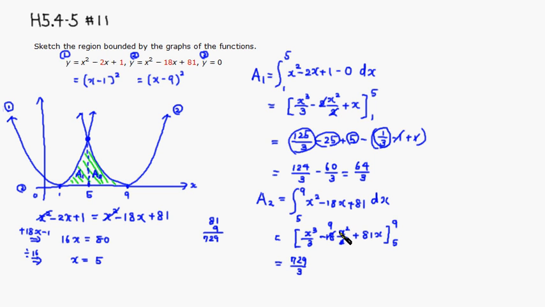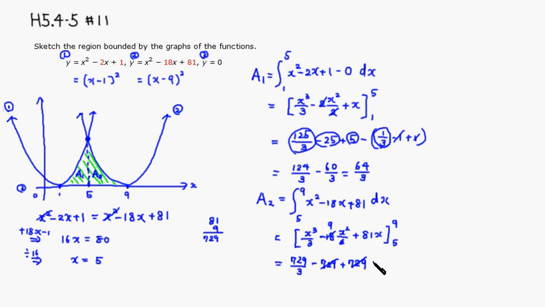Minus, plug in 9 squared, so it's going to be minus 729. And plus, plug in 9, 729, which is kind of nice because you can cancel those guys.